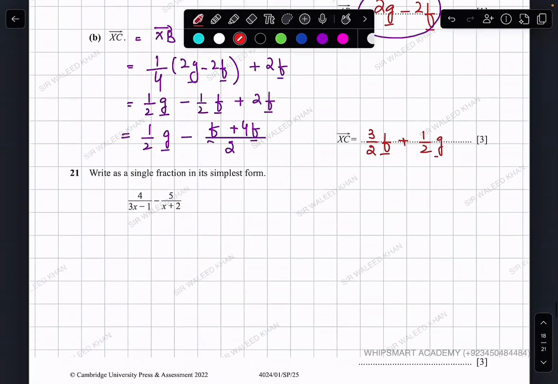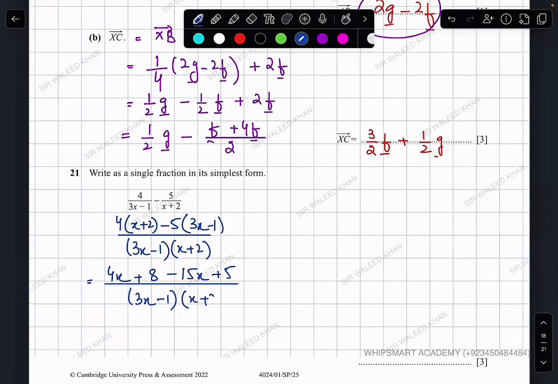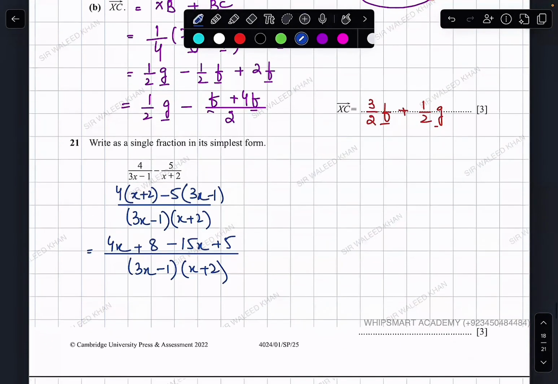Write as a single fraction in its simplest form. The denominator should be common. So I'm taking both as common, then just multiply them with each other. 3x minus 1. We have 4x plus 8 minus 15x plus 5 over 3x minus 1, x plus 2.